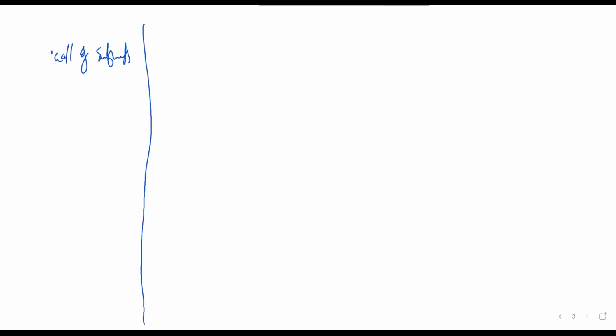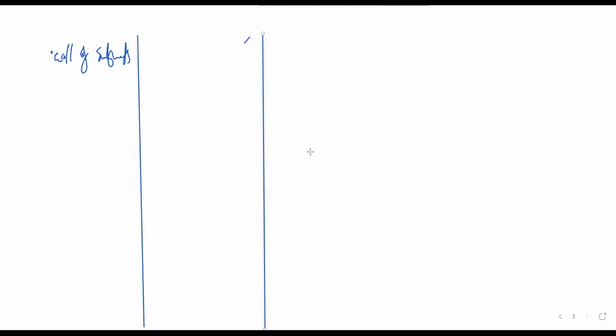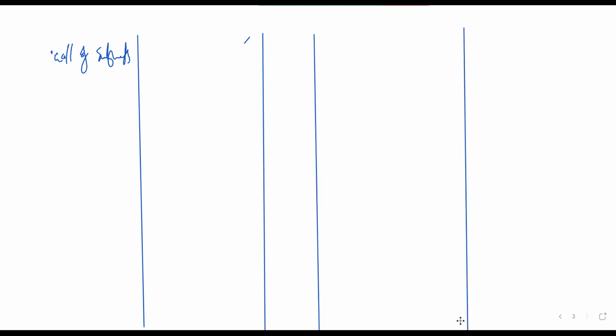I think I'm gonna make a straight line there. So number of subnets. We also have number of hosts. Then we have the subnet mask. Very easy to come up with this table. This is the subnet mask as well.